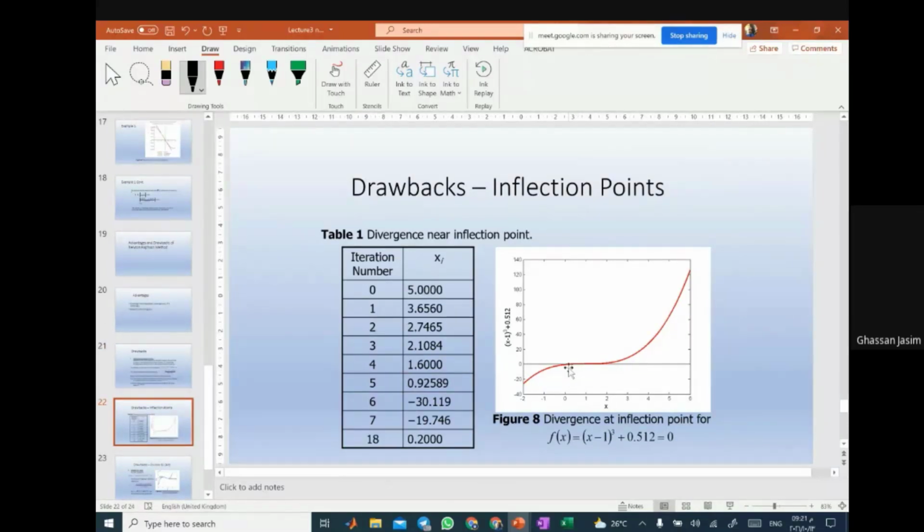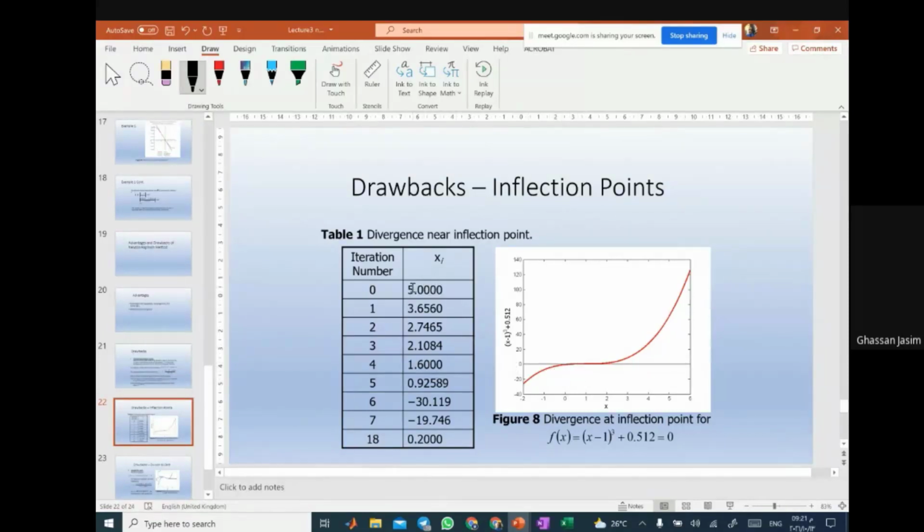What he's saying, look, I will explain on the figure. If we have a function like this, we have an inflection point here, in this curve.